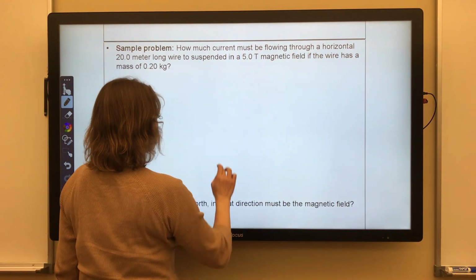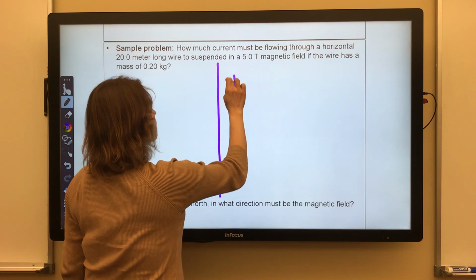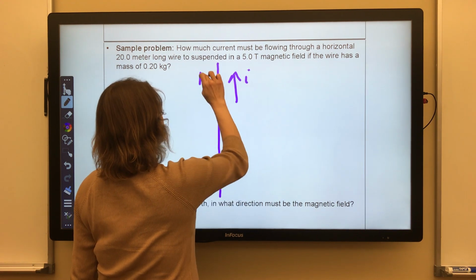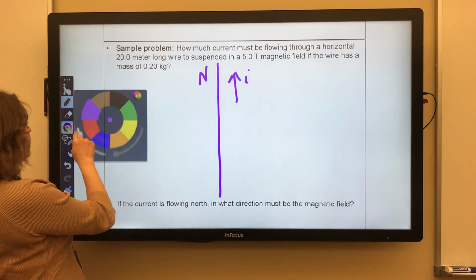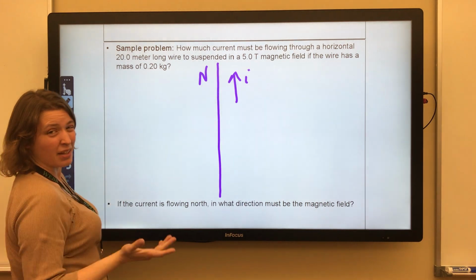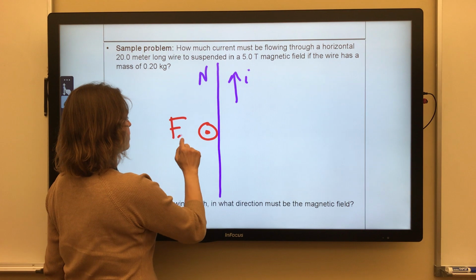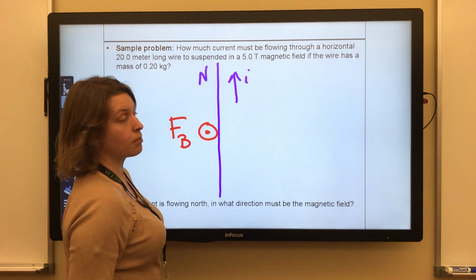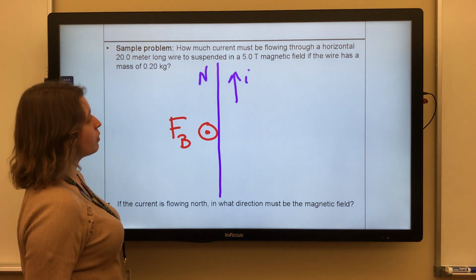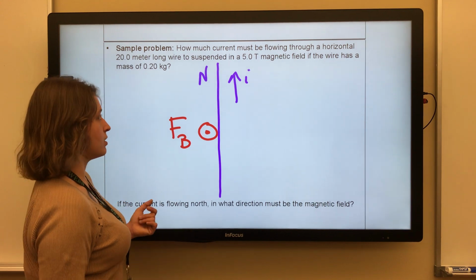Here's our wire. And the current's flowing north. And if this is balancing the gravitational force, then the force on this wire must be up, out of the board, at you. And so the question is, which way is the magnetic field facing?